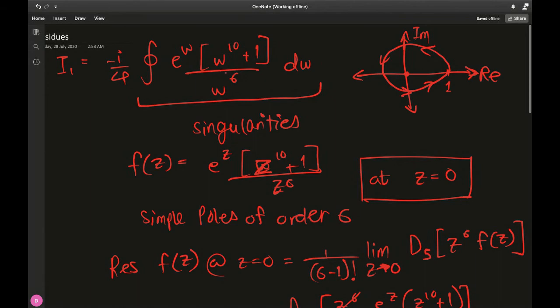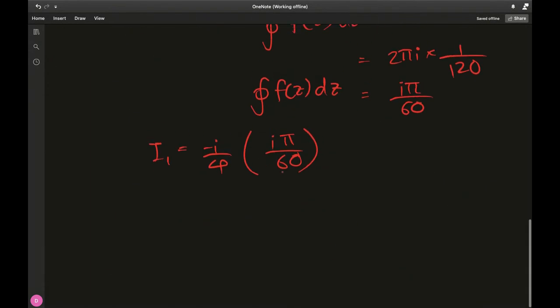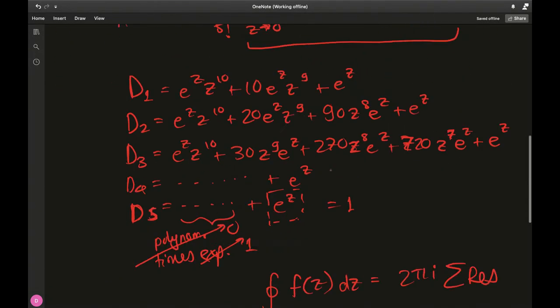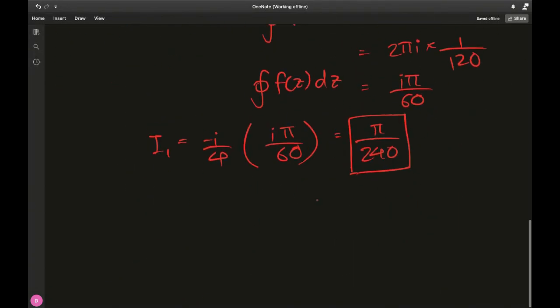The inner thing is f of z, except we change the w's to z's. Now minus i squared is going to be 1. So we have pi over 240. That's I1. Okay, that was easier. That wasn't so bad, right? Now let's move on to I2. See you on the fresh page.